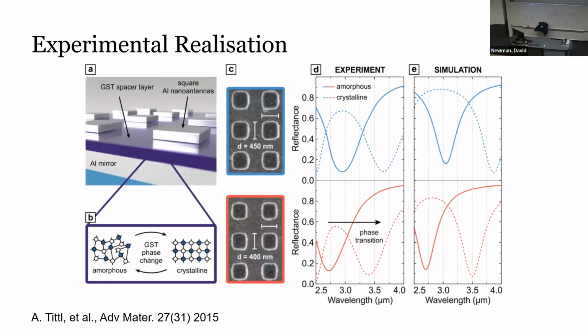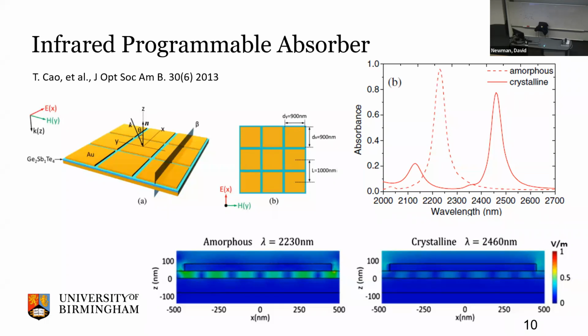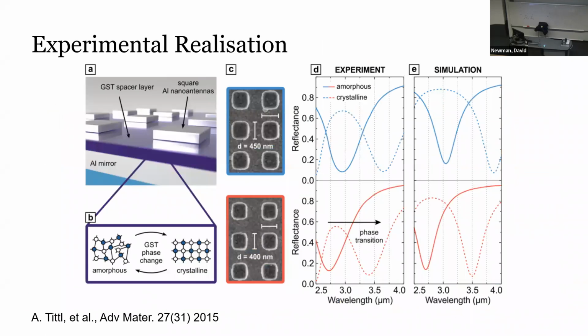So as I mentioned, we didn't have a clean room, but Harold Giessen's group in Aachen, Germany, did. And they created very similar structures that basically proved this concept worked experimentally. They created aluminium square arrays with a very thin layer of GST and an aluminium back mirror underneath.